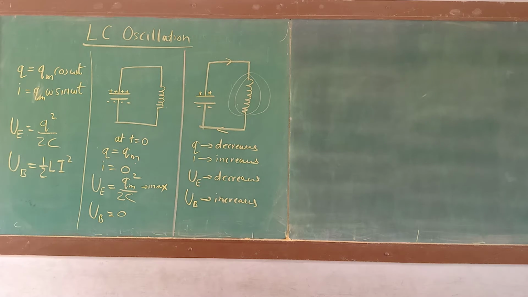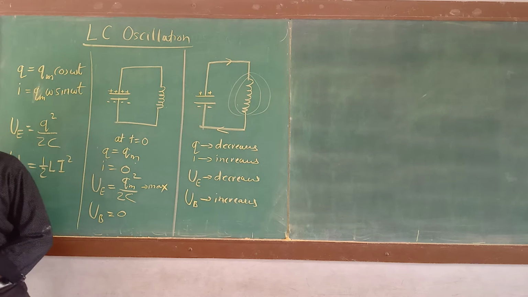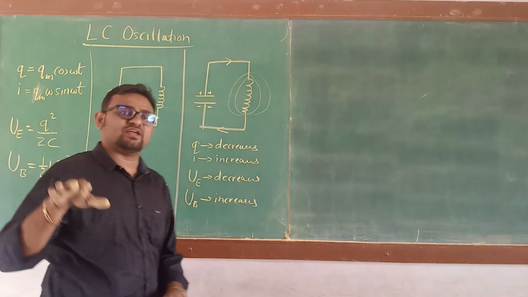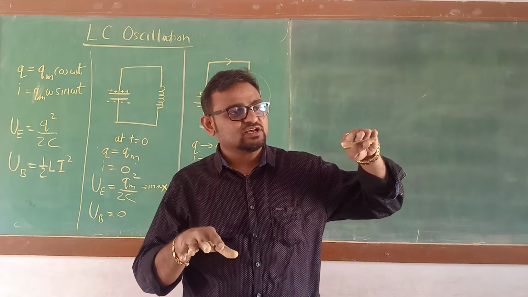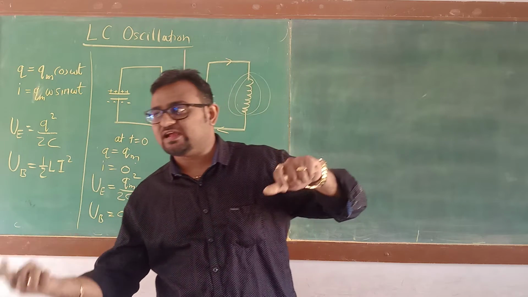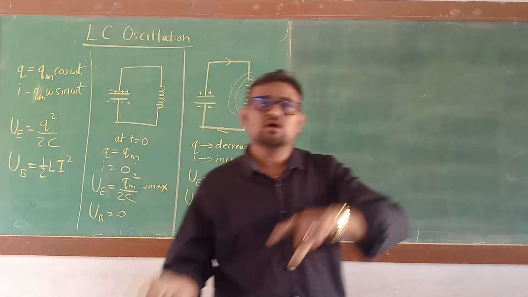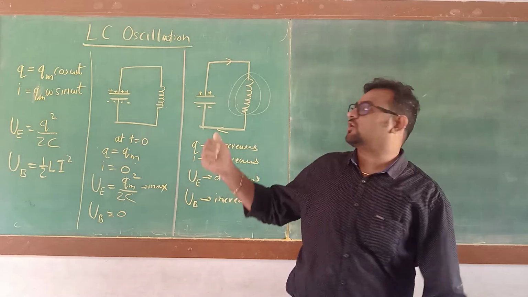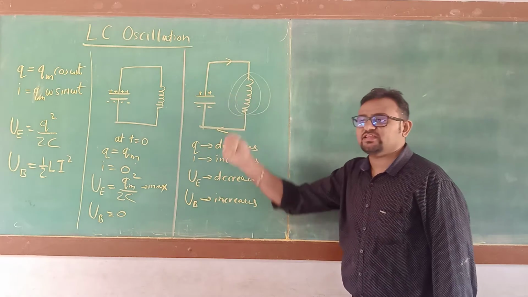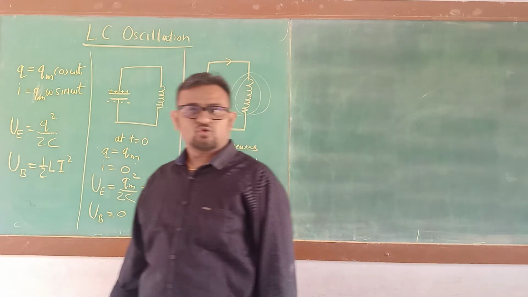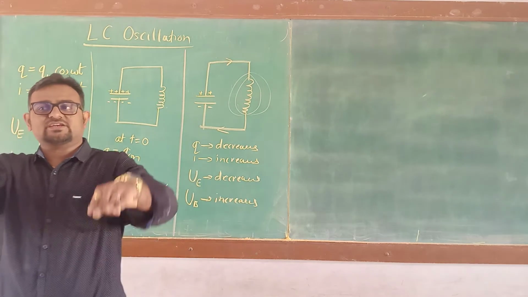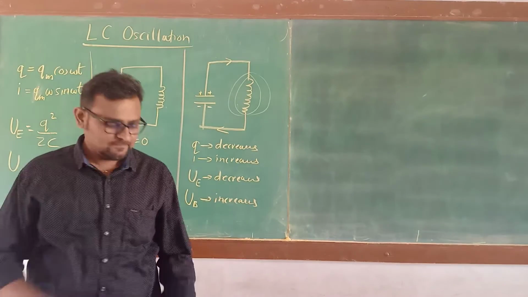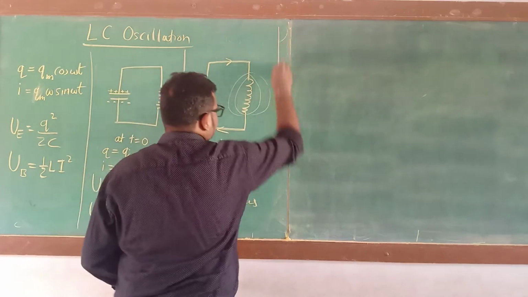As the energy stored in the form of electric field decreases, the energy stored in the form of magnetic field increases. So the energy stored in the form of electric field is converted to energy stored in the form of magnetic field in the inductor. So UE decreases and UB increases. Clear?